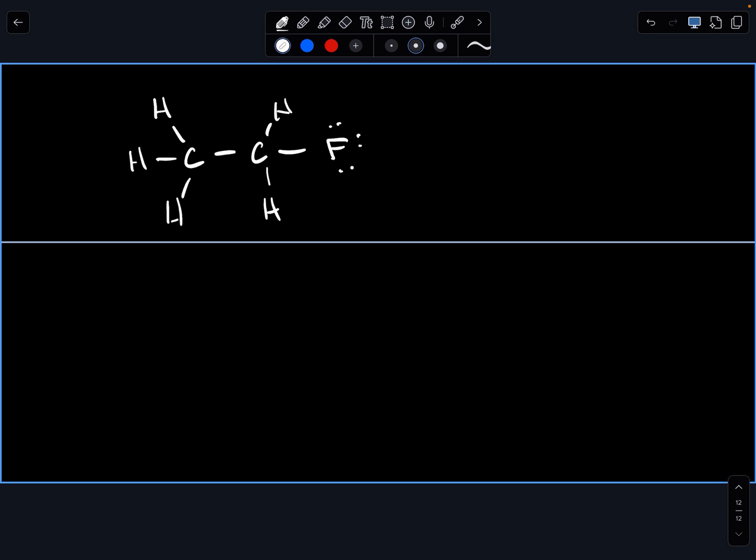This doesn't have any resonance structures because there's nowhere to push any electrons to or from. I mean, you could start on the fluorine and you could try to push them in, but you can't push any electrons to a CH2 because it's saturated already. It can't accept any more electrons to it. It's already got 8, and they're in sp3 bonds, which can't move anywhere. Yeah, does that make sense?